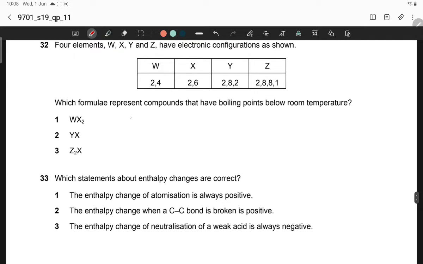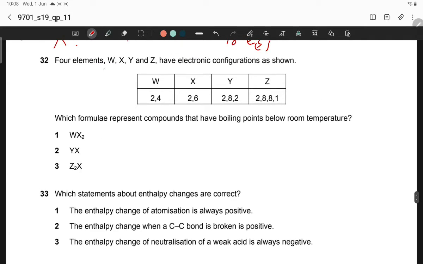Four elements W, X, Y and Z have electronic configurations as shown. Which formula represents the compounds that have boiling point below room temperature? Boiling point must be below room temperature, so this must be any gas.